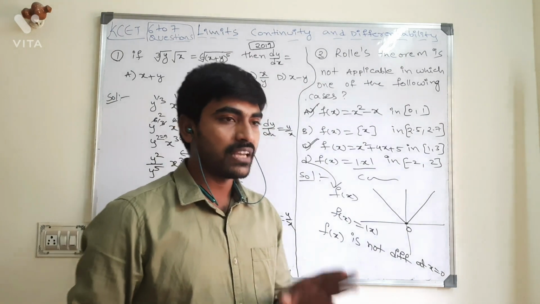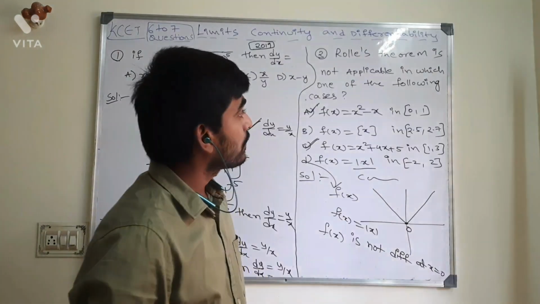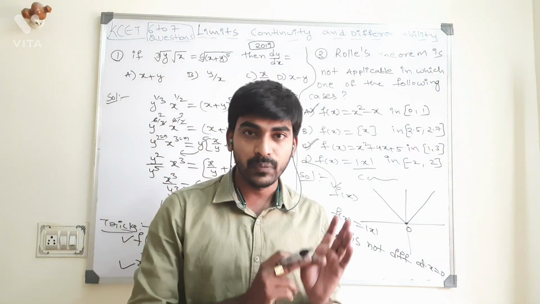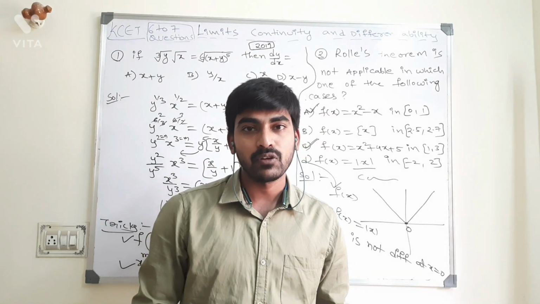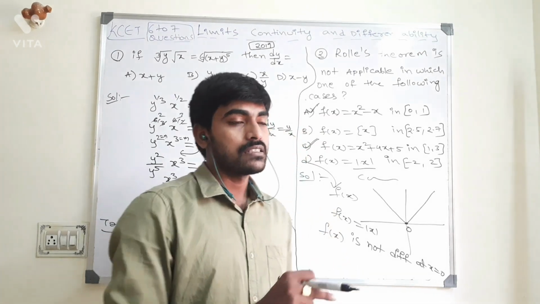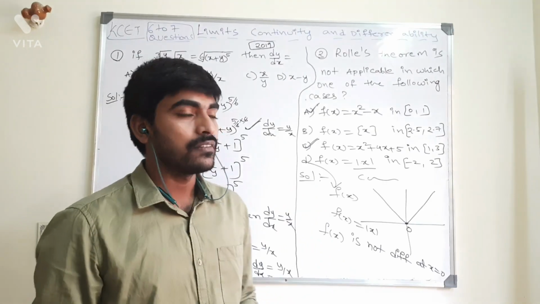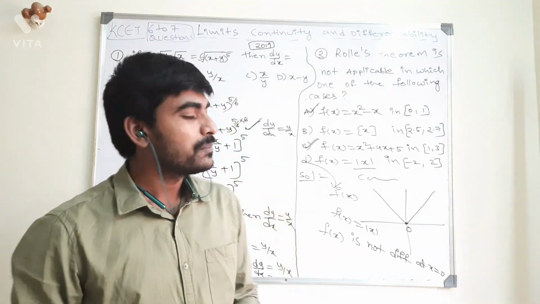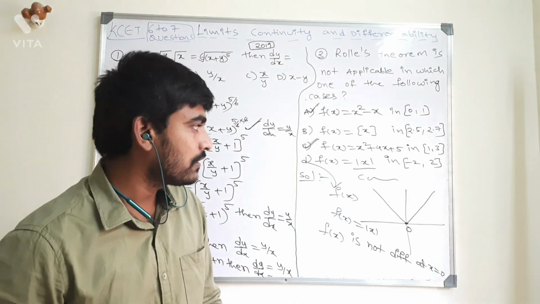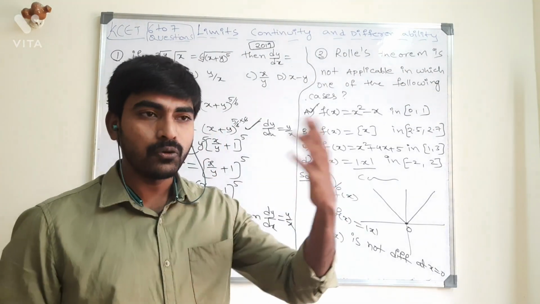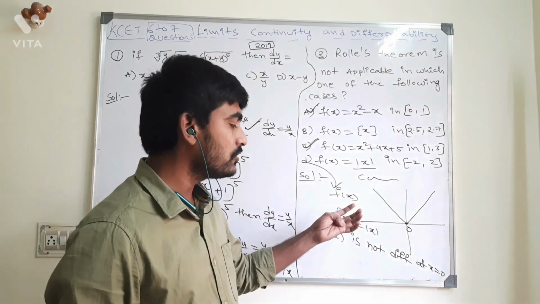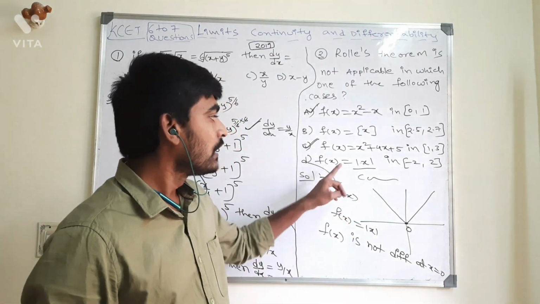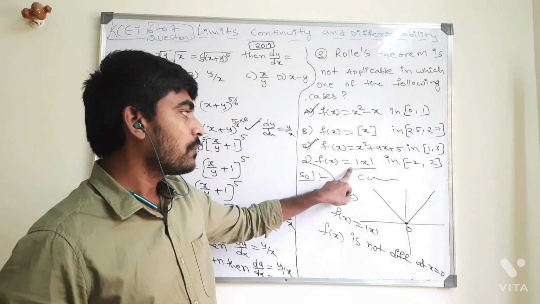So Rolle's theorem means we have conditions. It should be continuous. It should be differentiable. At the same time, f of a is equal to f of b. Then c belongs to (a, b), at least one. So we don't need to check all the conditions. Just check two points: one is continuity and another one is differentiability.